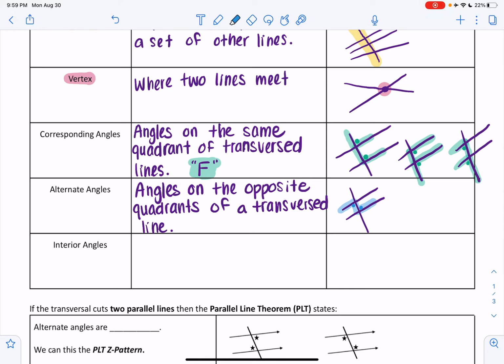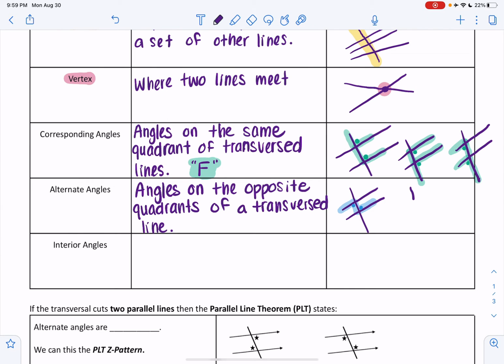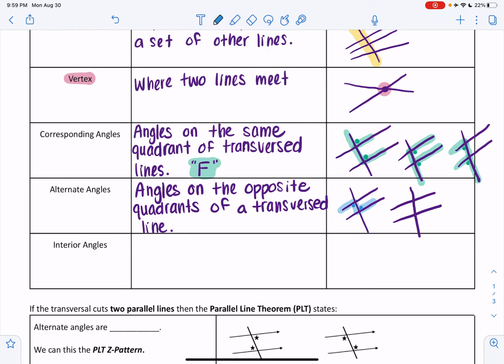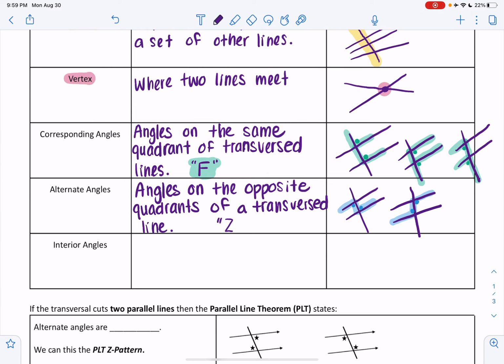Now we can also have a backwards Z as well, just like we can have a backwards F. So again, I could have my transverse lines like this, and I can also have a Z pattern. So these ones would be what are called alternate angles. That's how we would describe those two. That's how they compare to each other. They would be alternate angles. And that is our Z.